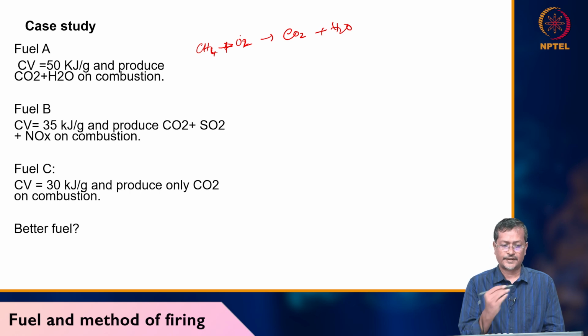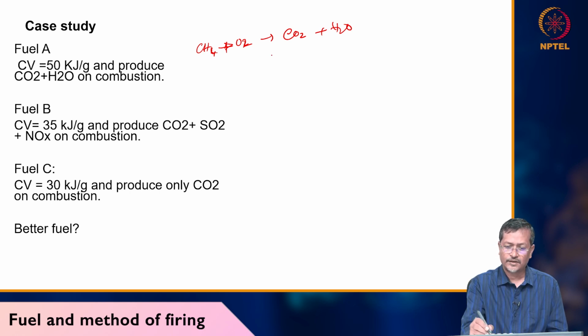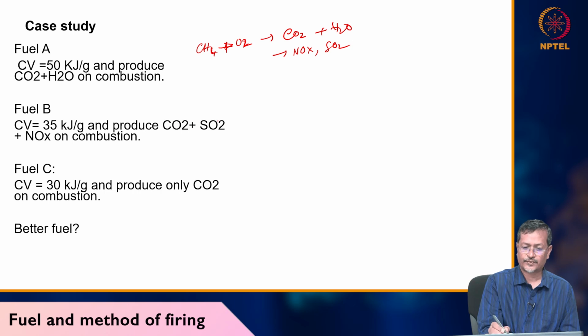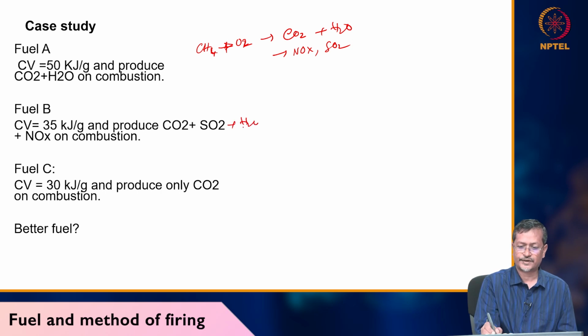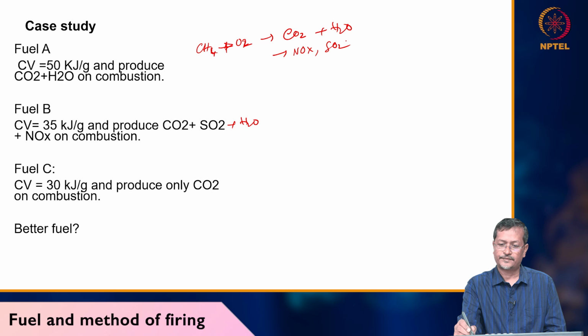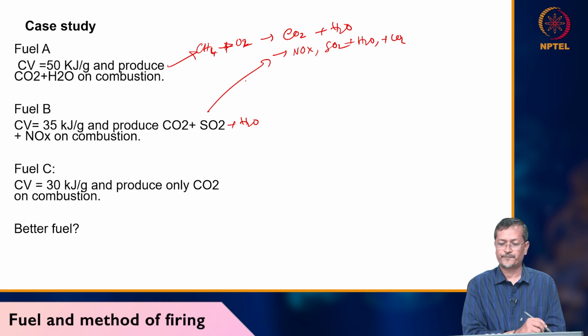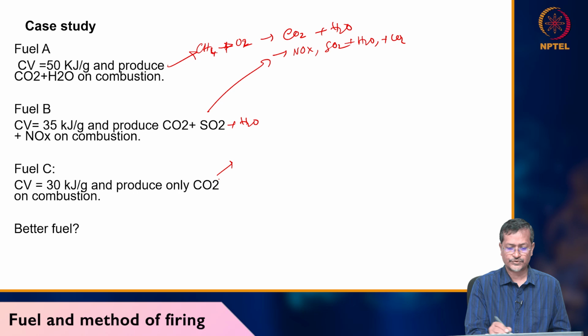So in another case, I am getting carbon dioxide, water plus NOx also, plus sulfur dioxide also. Produce carbon dioxide, sulfur dioxide, H2O, CO2. And in another I am getting only CO2 plus H2O.